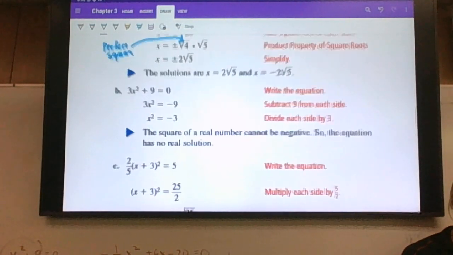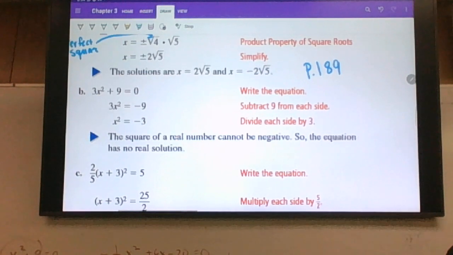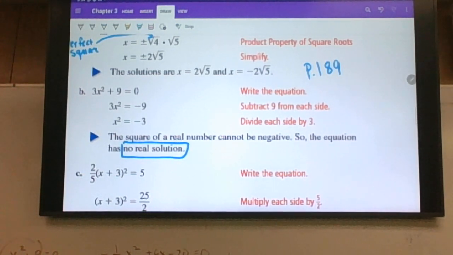All right, let's look at example B. Does everybody know we're on page 189? So this says that it has no real solution. Why does this one have no real solution and letter A does? You cannot square root a negative.